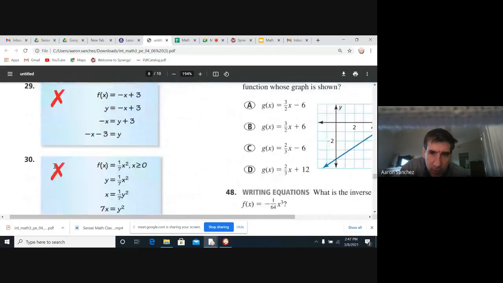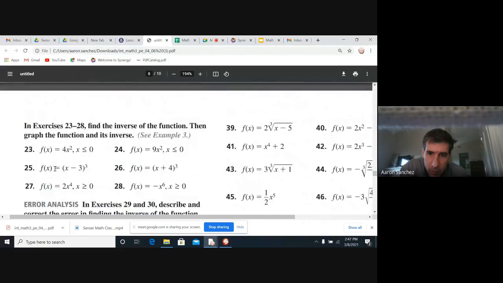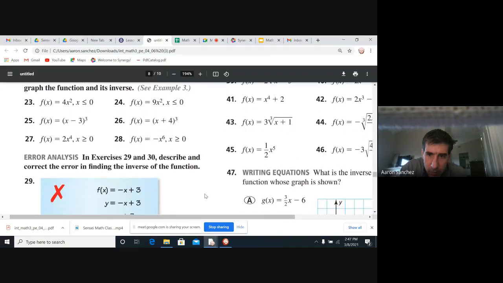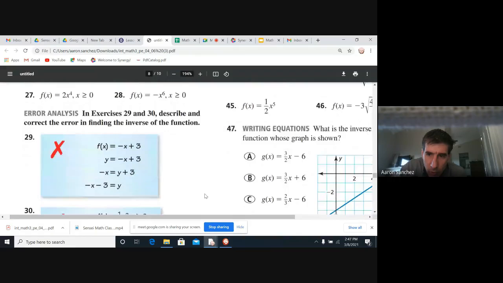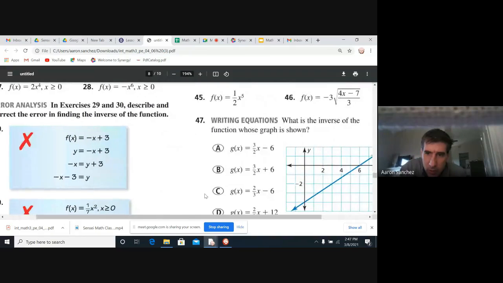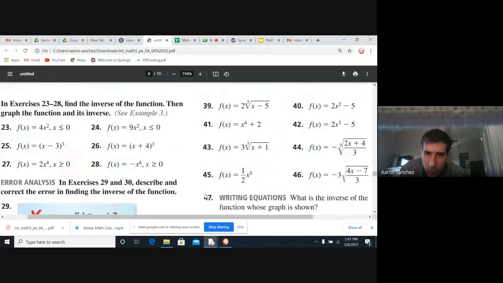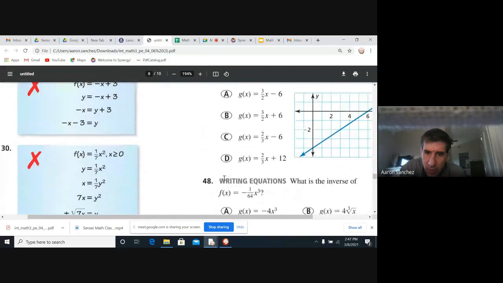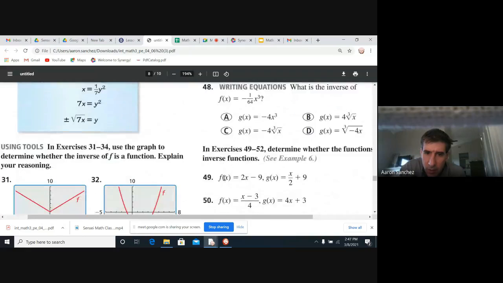Determine whether it's going to be a function. 47. What is the inverse? I think we're on 41. No, we do 45 next. So do 45, 47, and then 49.